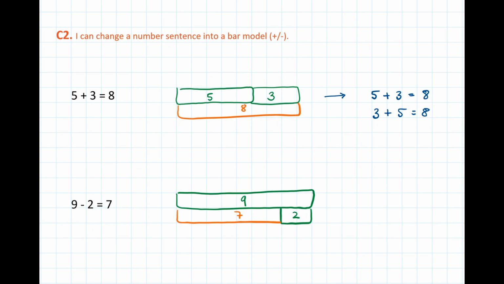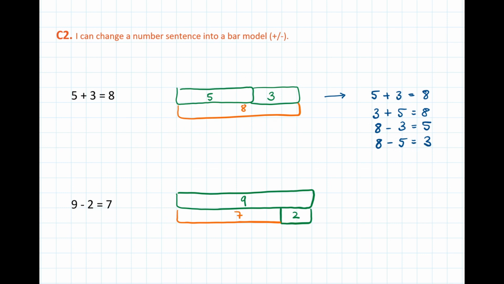We can also write that 8 take away 3 equals to 5. And lastly, we can say that 8 take away 5 equals to 3. So you can see all the number sentences here, which you can write from addition.